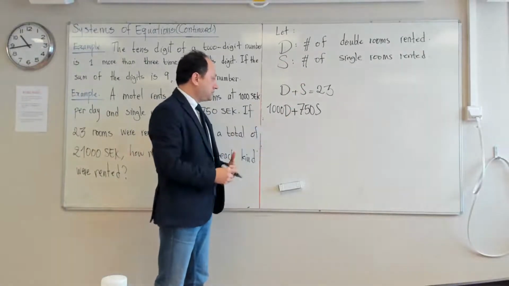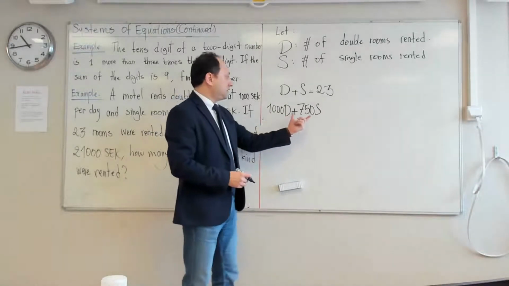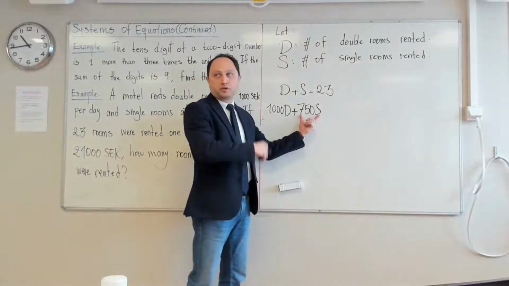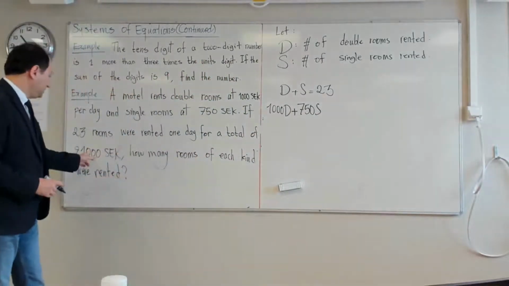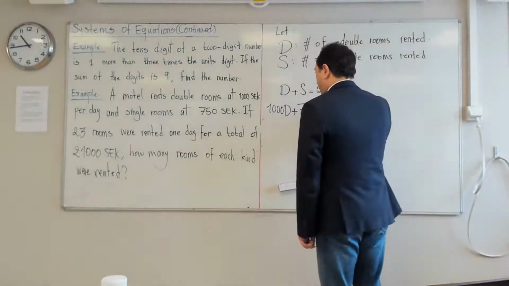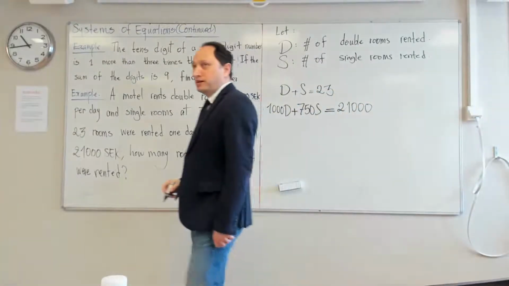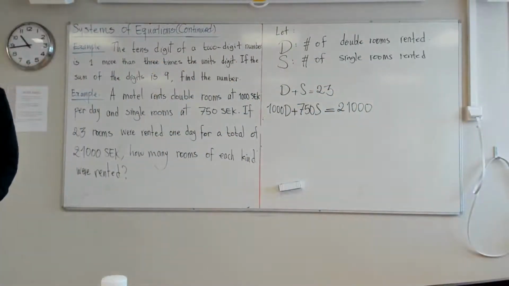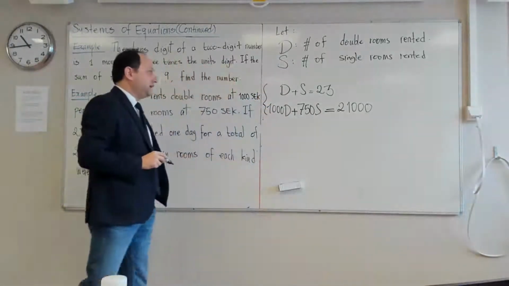So the money that person earned by renting these double rooms is this money. Exactly. And then this would be the money that this person earns by renting the single rooms. But the total price we know. Of course, this might cheat because of escaping from tax or whatever, but at least we can solve the problem, okay? Now we need to solve this system of equations and then try to find D and S.